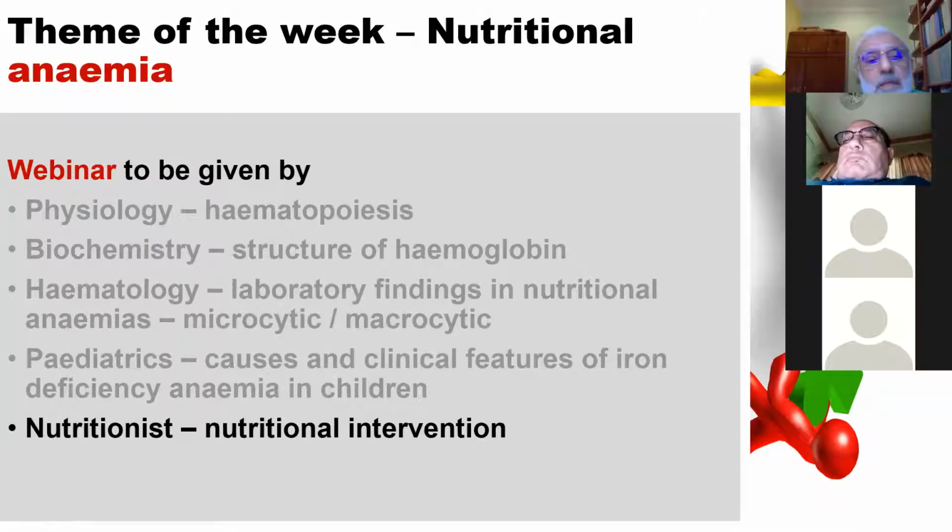So we can have one webinar for students on nutritional anemia, bringing in basic sciences and clinicians together, and maybe epidemiology as well, and conduct a webinar where all that information can be taught to the students in one sitting.